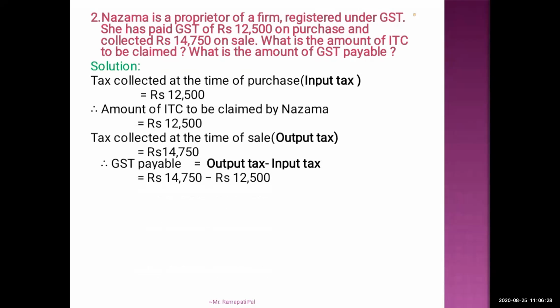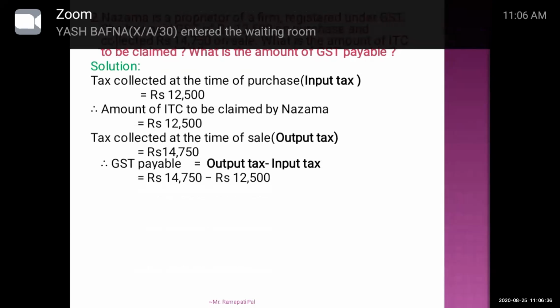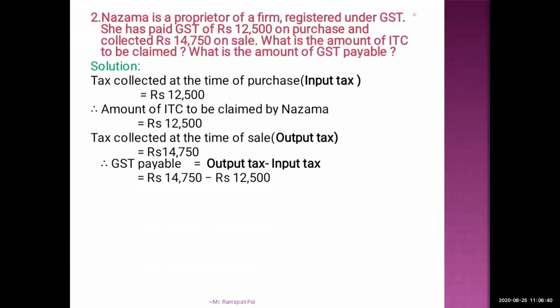That is 14,750 minus 12,500. So what will you get? You will get rupees 2,250. Correct? Yes. So the amount of GST payable by Nazma is 2,250.